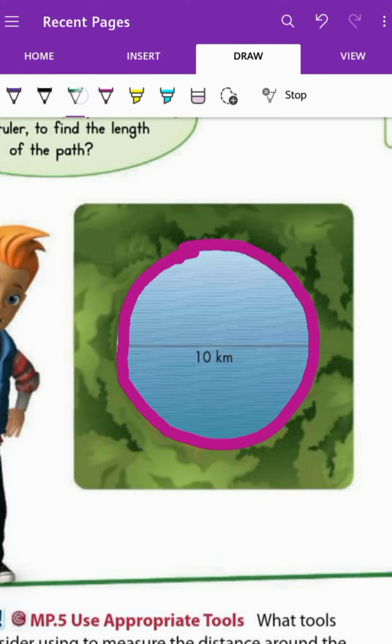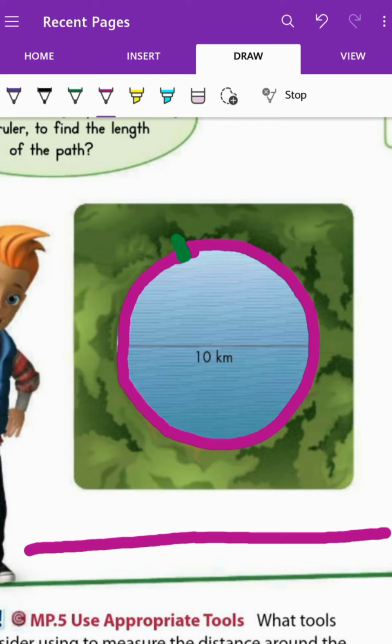That means if you cut this line or this thread from here and open it, it will be like a thread like this. So you are looking to find the length of this line. If you fold it or make it a circle, it will be the circumference.